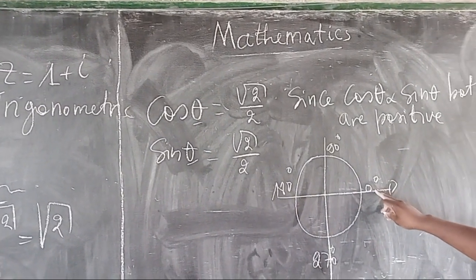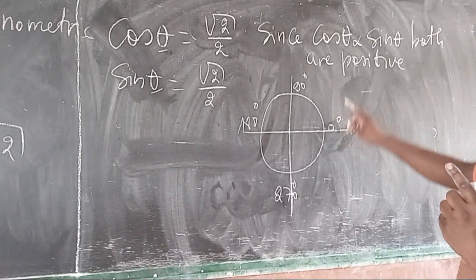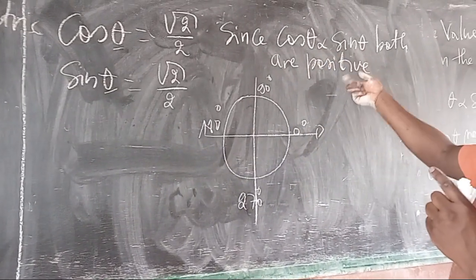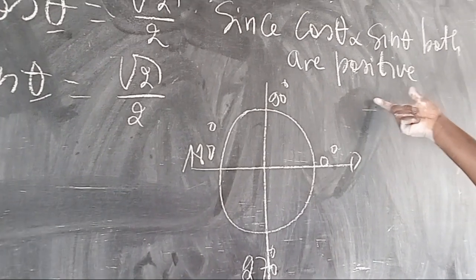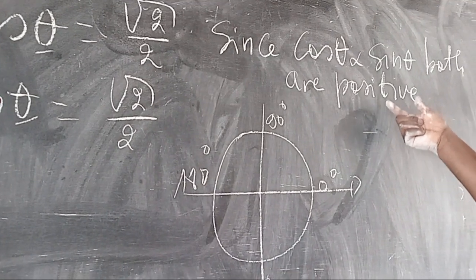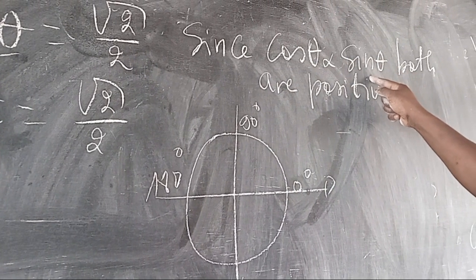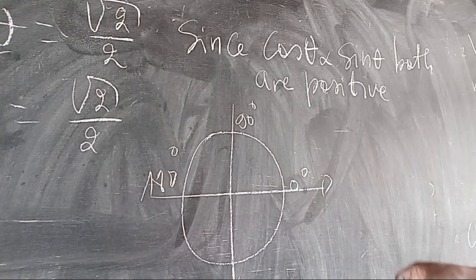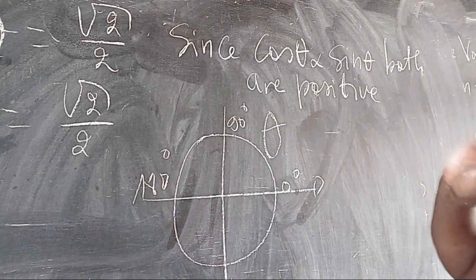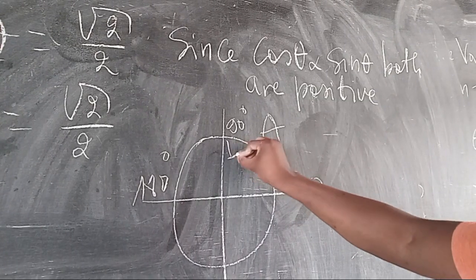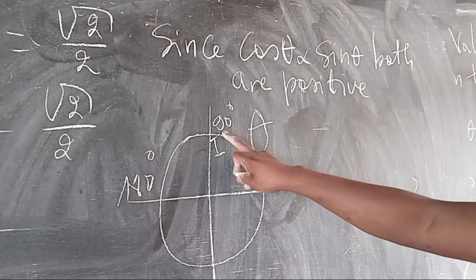Because we know that the values of cosine and sine both are positive, it means that our argument theta should be located in the first quadrant. Theta must always be from 0 to 90 degrees.